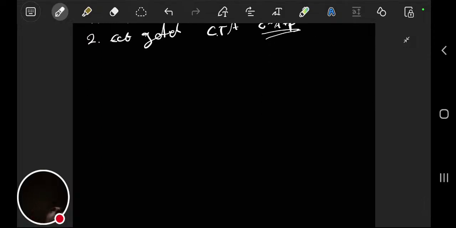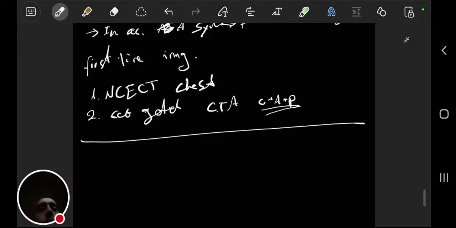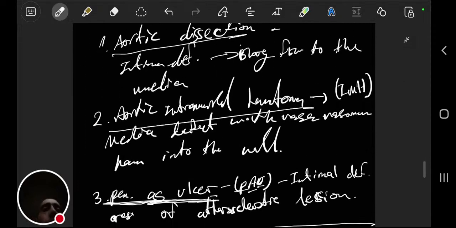Okay, now let's talk about each aortic syndrome by itself. We said that there are three. If you remember, aortic dissection: intima rupture, blood flows into the media, and sometimes there is re-entry into the intima. We will see this.